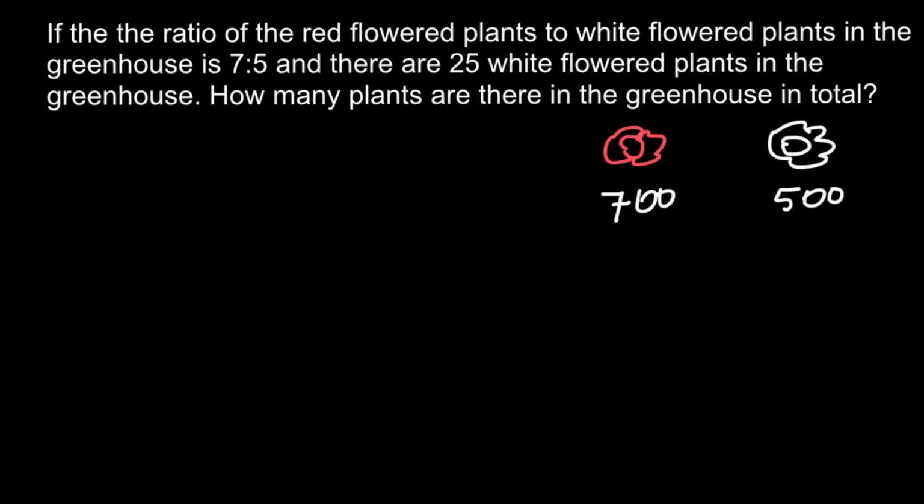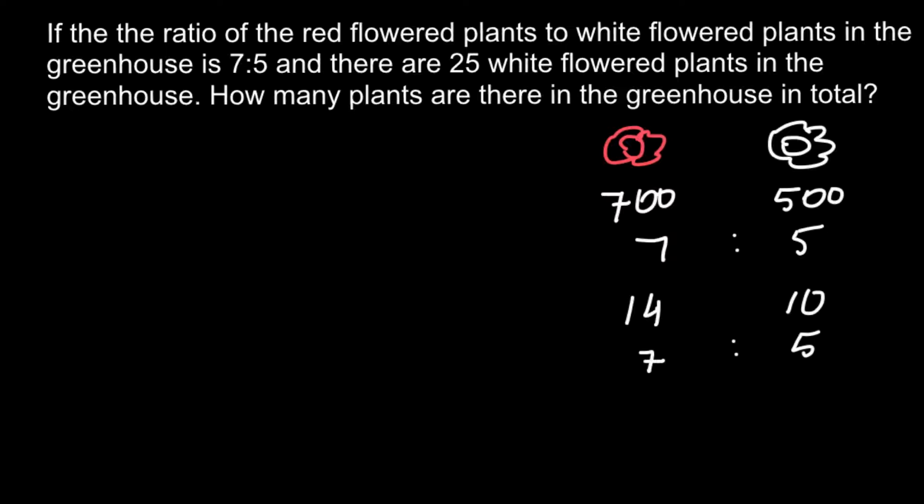What would the ratio be? The ratio would be 7 to 5. Let's say we have 14 red flowered plants and 10 white flowered plants. What would the ratio be? Once again, the ratio would be 7 to 5.